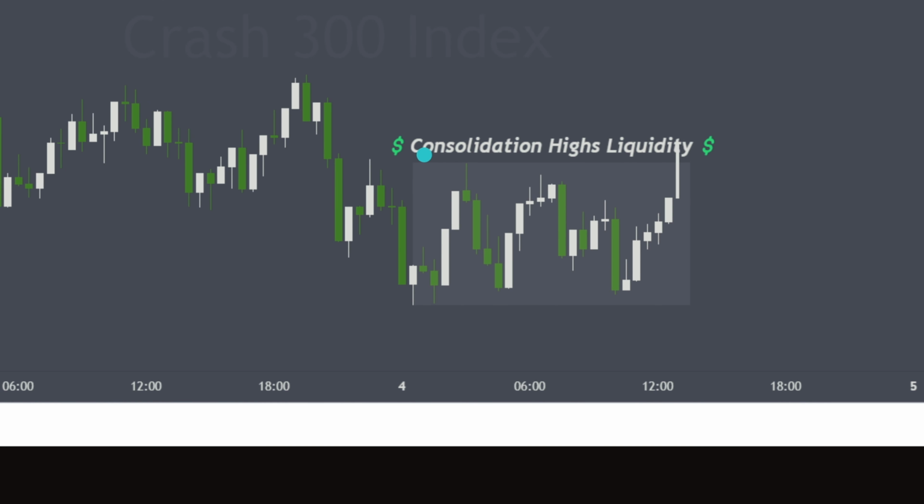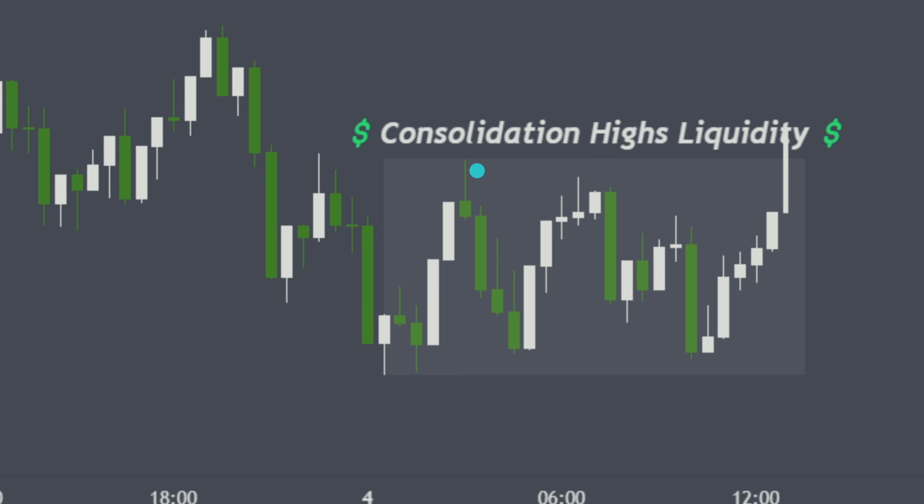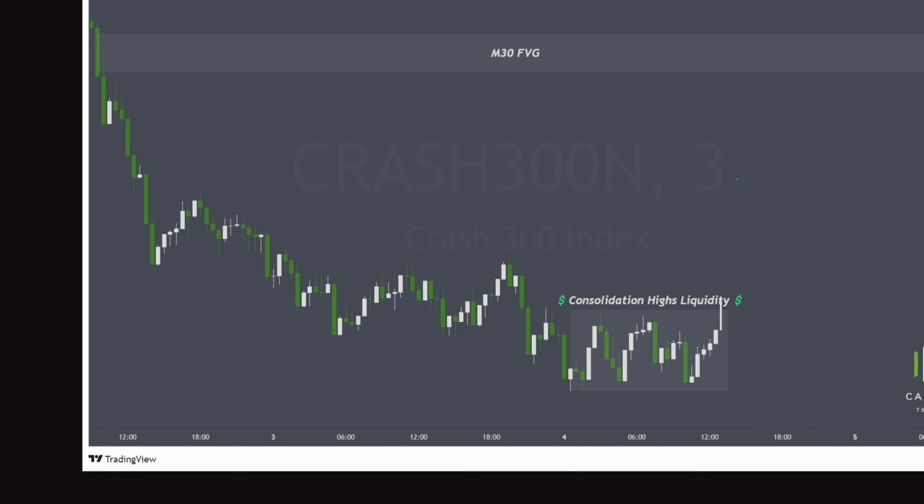So we had price forming the swing high and the swing low, and then we had price going inside motion and not breaking those highs. So as it was doing that, we were forming this consolidation highs liquidity. So you want to see if price is gonna break these highs and then reach into this fair value gap.